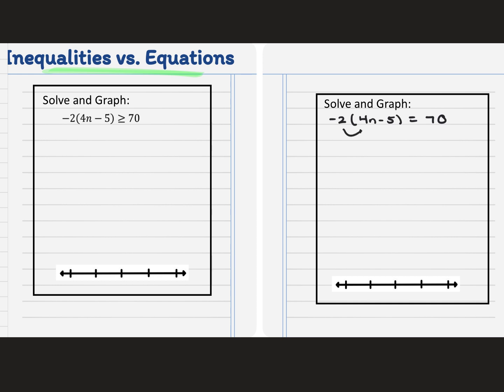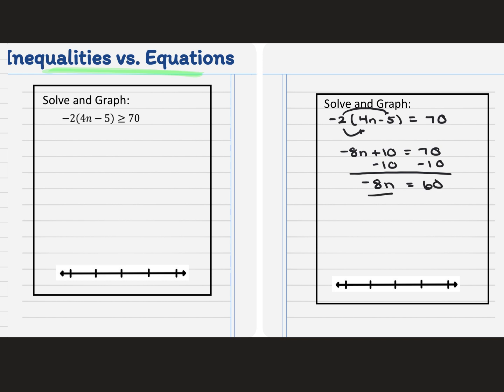Distributing the -2 to my 4n and my -5, I get -8n plus 10 is equal to 70. I'm going to subtract 10 from both sides. I get -8n is equal to 60.